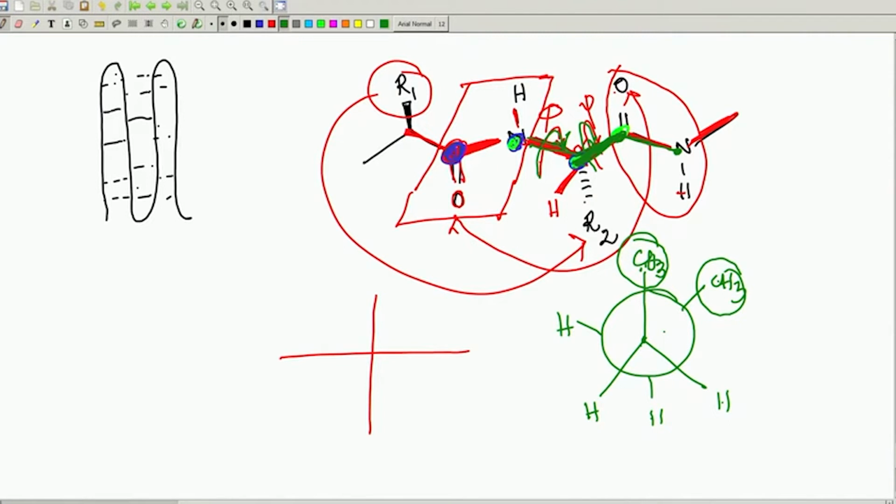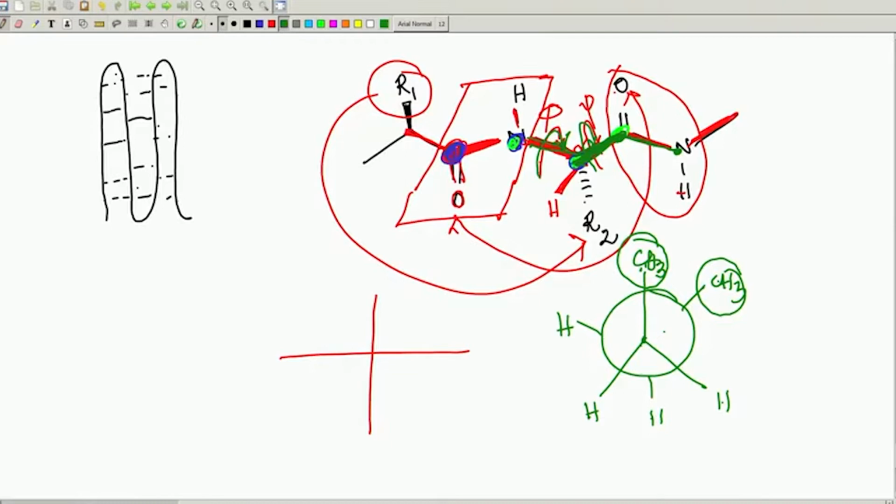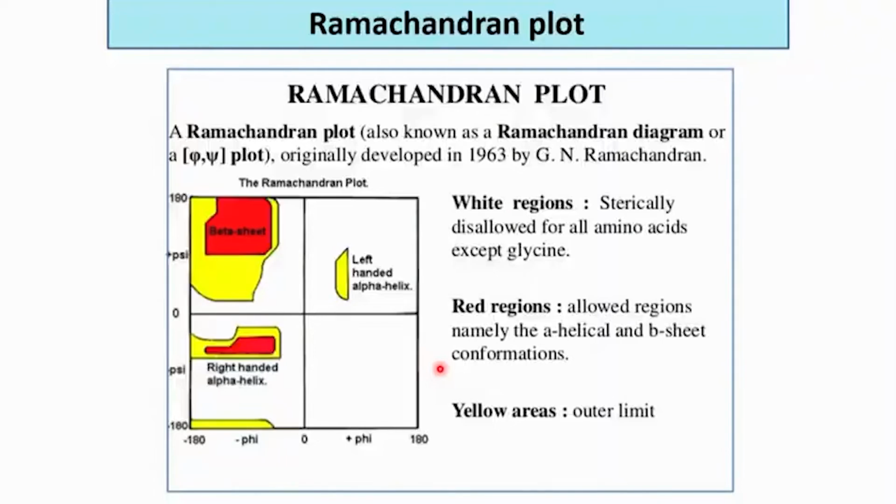Now, the question is whether all phi and psi angles are allowed or not. So, Ramachandran plotted this phi and psi. On one axis he kept the phi angle, this is the phi, and on the other axis it is the psi angle.